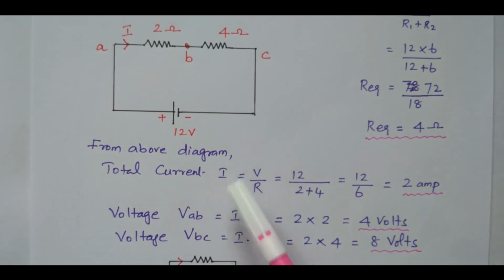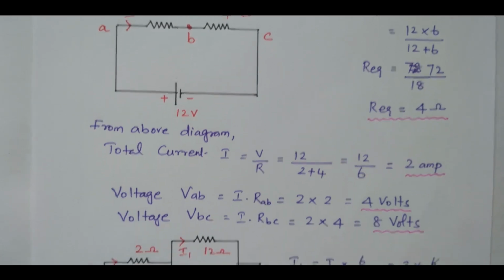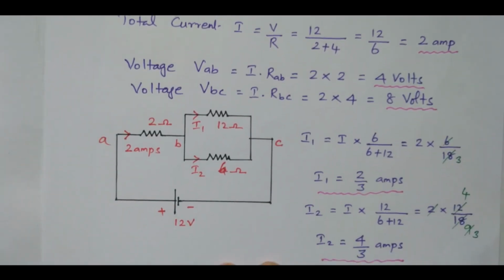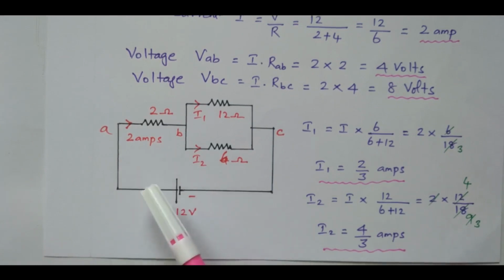Now the total current is calculated. The voltage drop across AB and across BC is also calculated. Now we need to find I1 and I2, the current flowing through the 12 ohm and 6 ohm resistors. So this diagram is drawn again. This is the diagram we discussed earlier. 12 volts is applied, and we calculated the total current is 2 amperes.